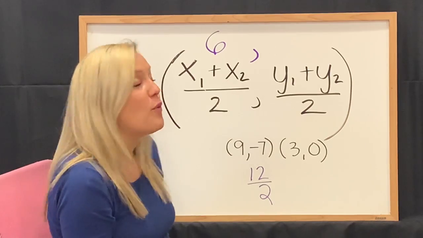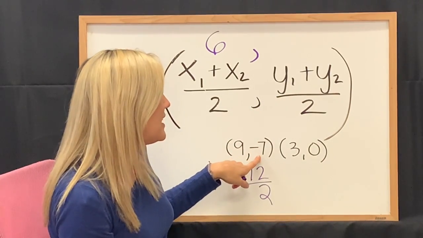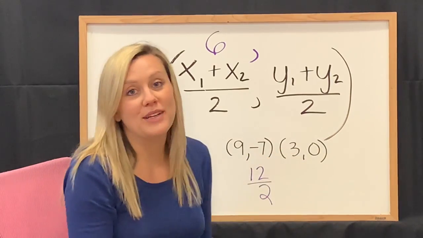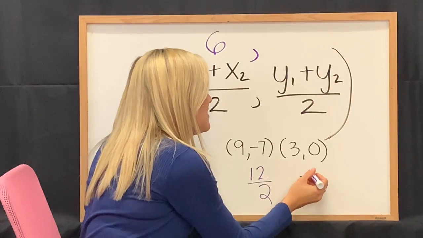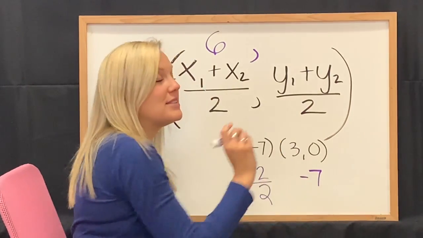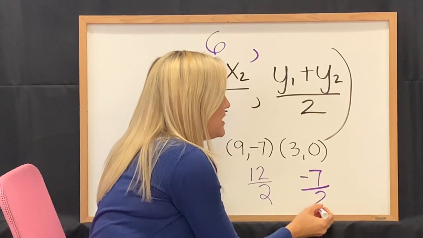Next, I'm going to take my y points and I'm going to add them. The first y point is -7. The second y point is 0. -7 plus 0 is -7. Then what I'm going to do is I'm going to divide it by 2. -7 divided by 2.